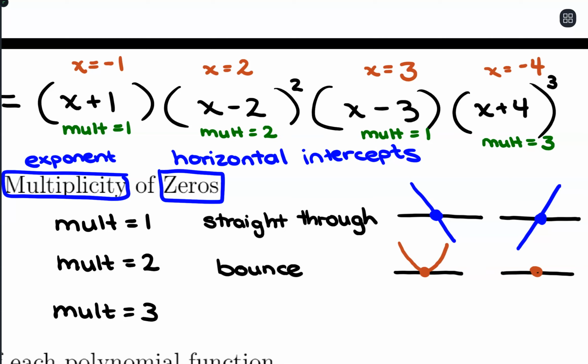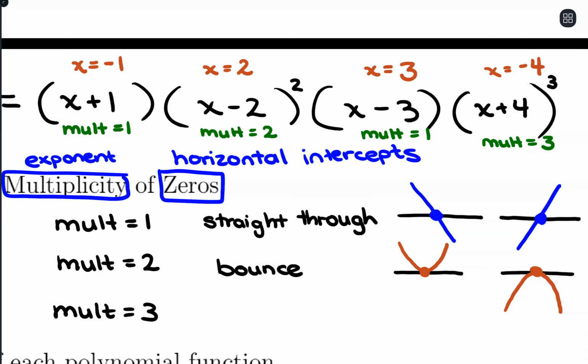At that point it looks like a parabola because of that multiplicity of 2, like our even powers. It all ties together. The other scenario is if we were below the x-axis. When we approach that x-intercept, we would connect and then bounce and stay below the x-axis.